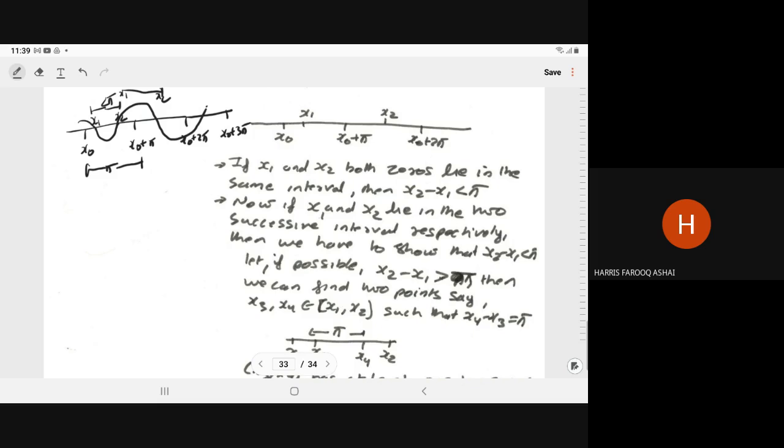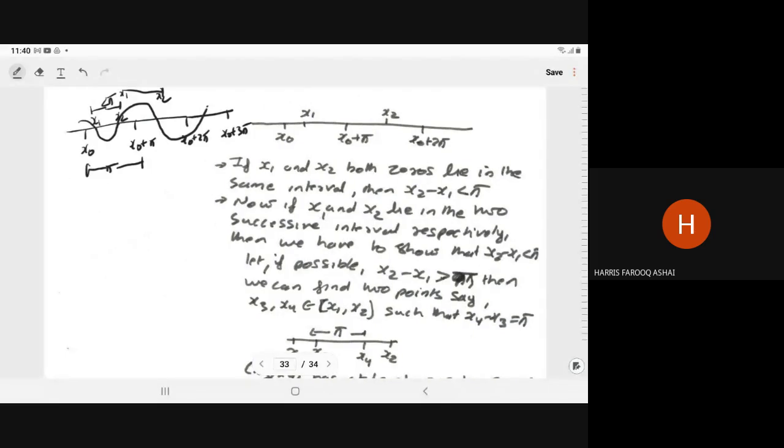If x1 and x2 lie in two successive intervals respectively, then we have to show that x2 minus x1 is less than pi. For a moment, what we have to prove is x2 minus x1 less than pi.